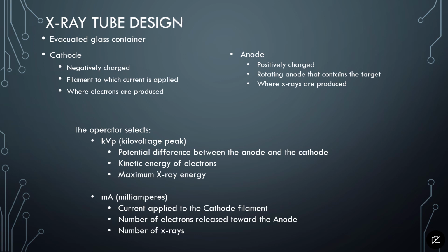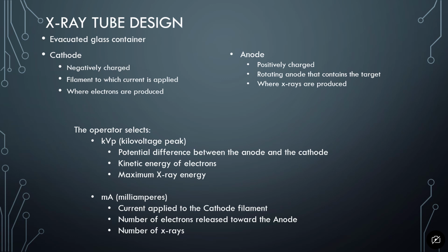So the X-ray tube design, like I said, is an evacuated glass container. We want that to be in a vacuum so that it's a more controlled environment. The cathode is negatively charged and it has that filament. The filament has a high voltage supply, and that high voltage supply does two things.